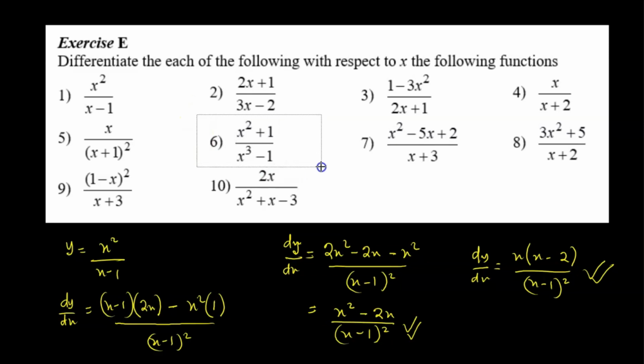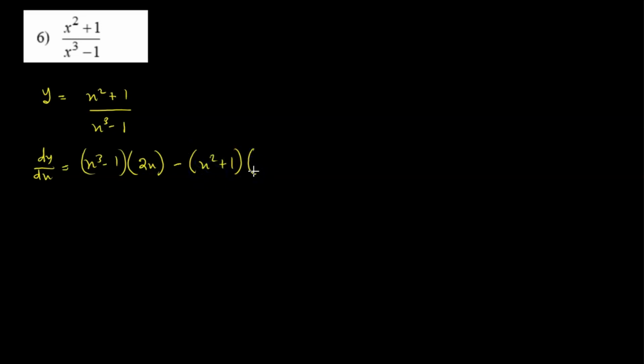So considering example number 6 on a different page, if we have y equal to x squared plus 1 all over x cubed minus 1, because we have just seen directly it is a rational function, dy dx will be equal to, maintain the denominator x cubed minus 1 multiplied by the derivative of the numerator, that is, differentiating the numerator, we get 2x plus 0, then minus maintaining the numerator, which is x squared plus 1, differentiating the denominator, we will get 3x squared plus 0, then all divided by x cubed minus 1 all squared.